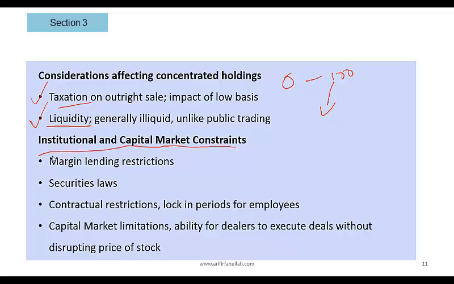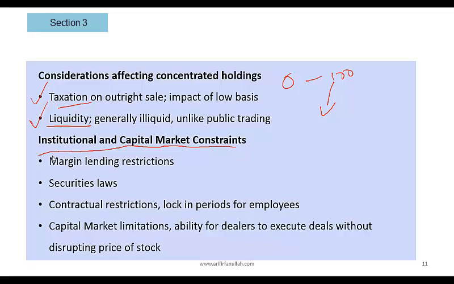So we discussed what could be client motives to hold on to these concentrated holdings. Okay, there are these internal perspectives, which is why we will not sell or monetize. The other perspective is there is a huge amount of tax on this, so I don't want to exit. It's illiquid, so I can't sell it.